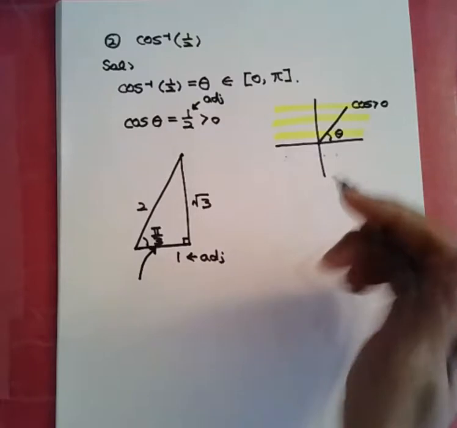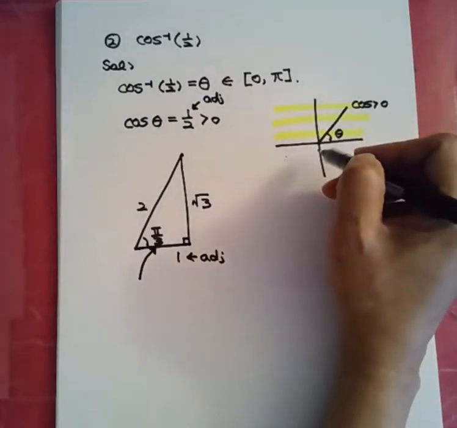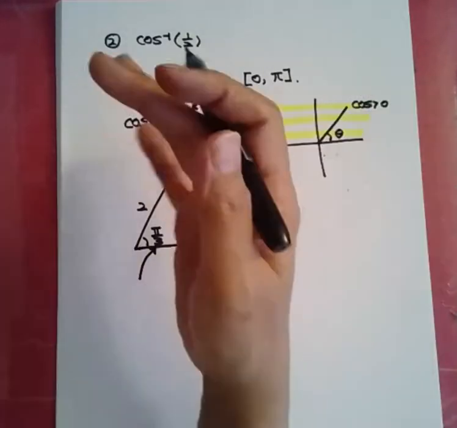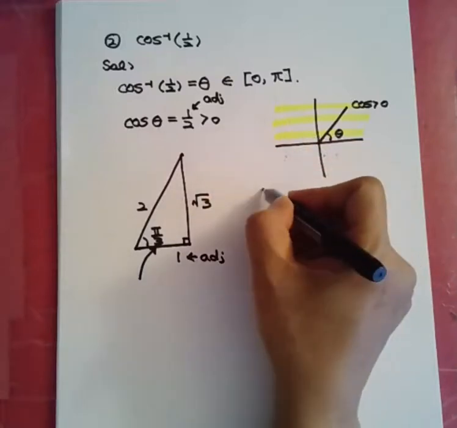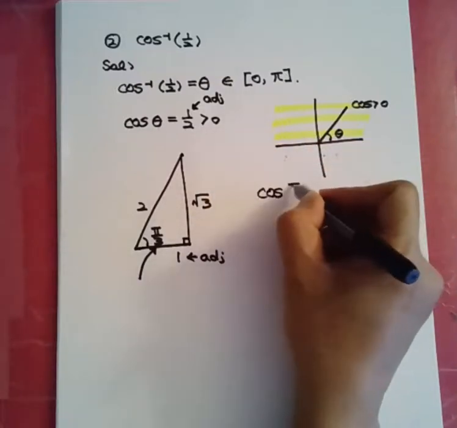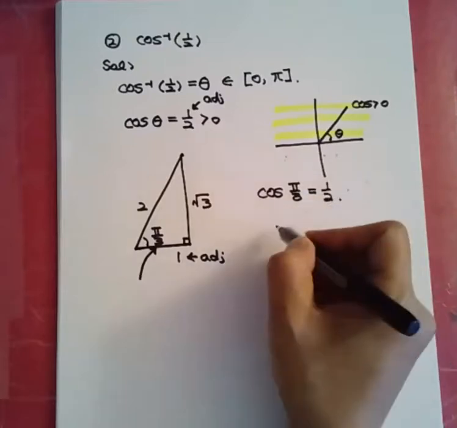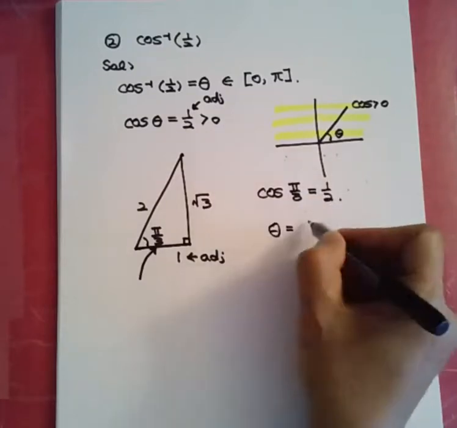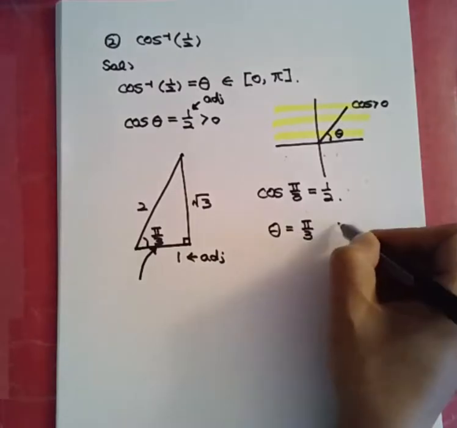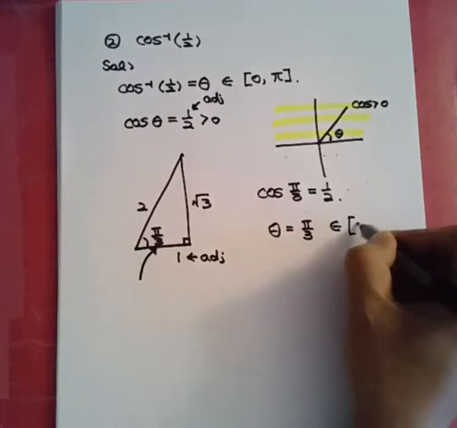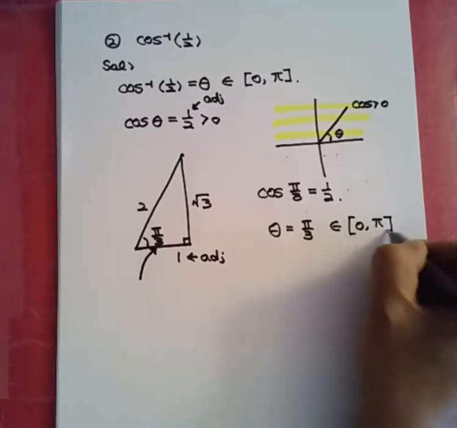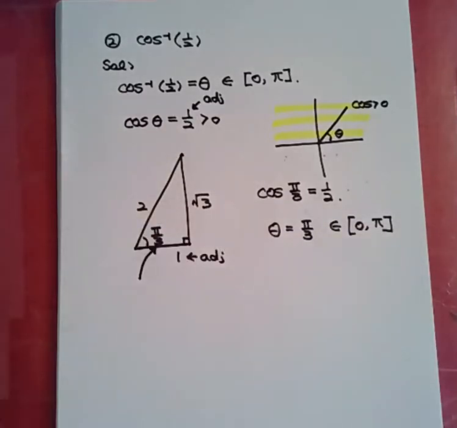So the reference angle itself becomes the desired angle. Cosine of pi over 3 equals 1 over 2, and theta equals pi over 3, because that is already between 0 and pi.